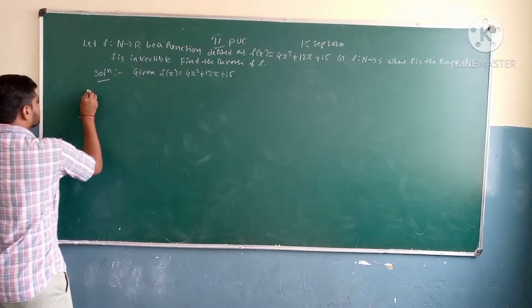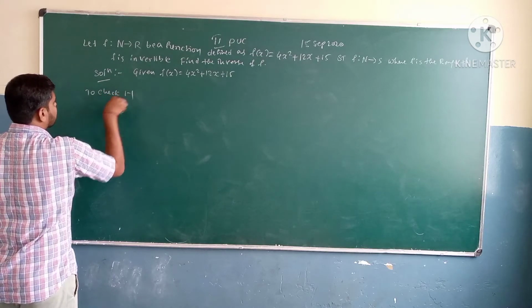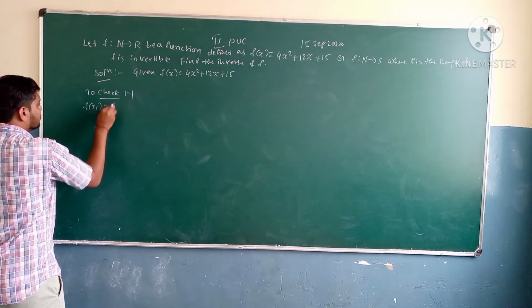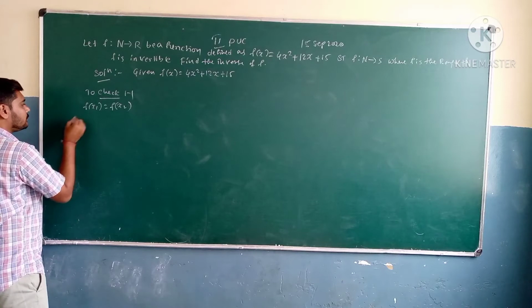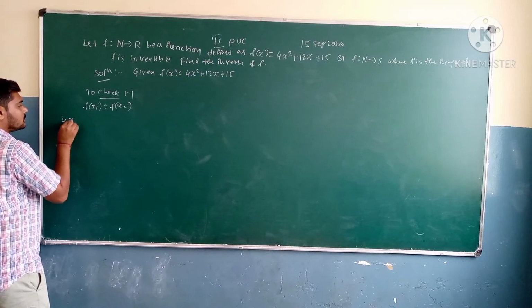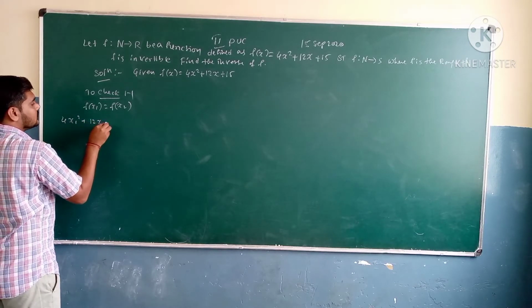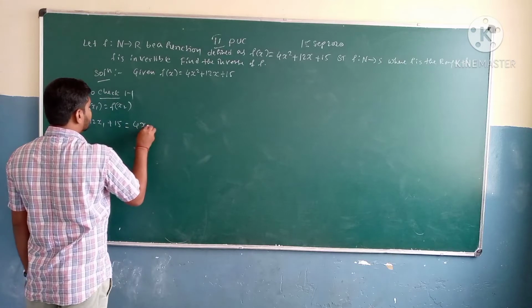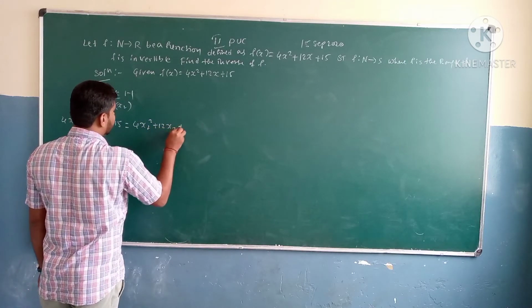So to check one-one, f of x1 is equal to f of x2. That's going to be 4x1 square plus 12x1 plus 15 is equal to 4x2 square plus 12x2 plus 15.